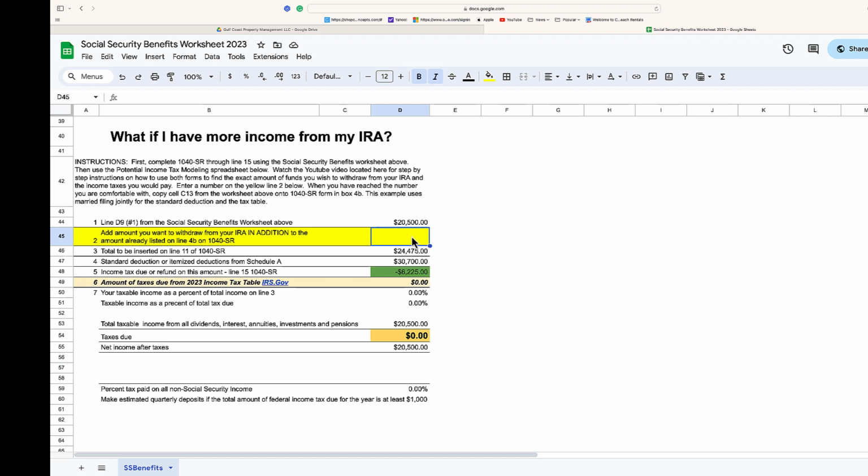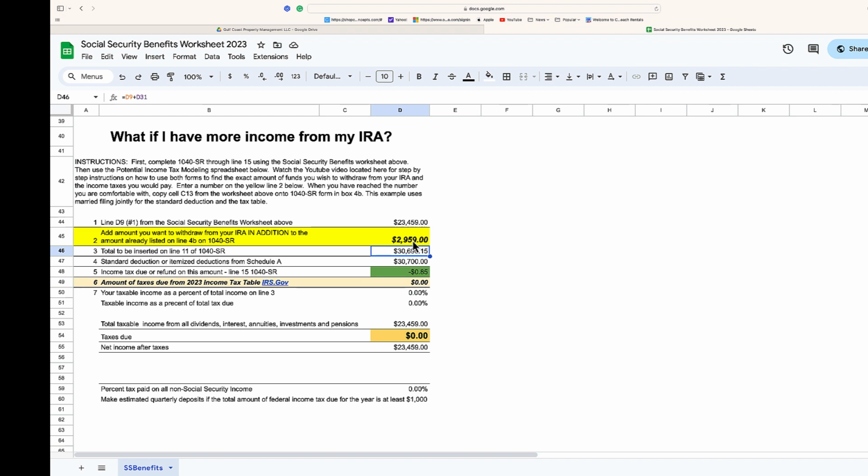Based on some calculations I had already done, I used this spreadsheet to do what if. I have found that you can take out another $2,959 and you'll be down at minus 85 cents, which is essentially a zero. So you're still not going to pay any taxes based on that. You could take out that money and you'd be breaking even.